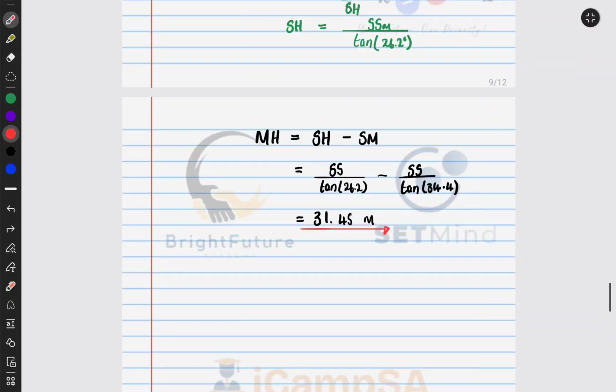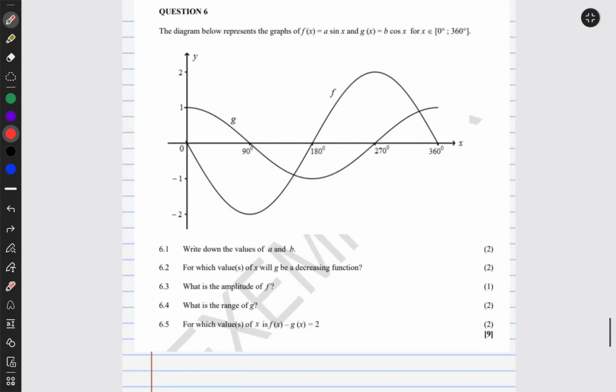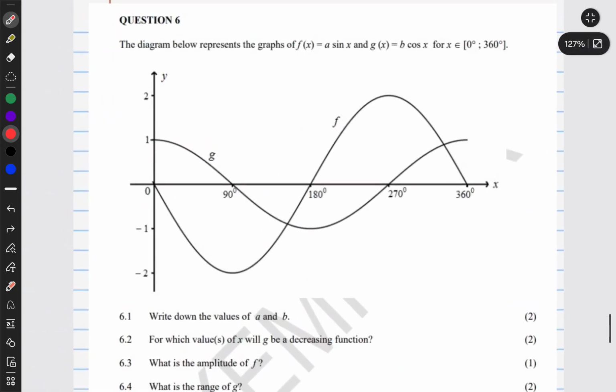Okay, let's go to question 6. For question 6, we are now dealing with trigonometric functions. The diagram below represents the graphs of f(x) equals a sin x, which from the shape we can see is this graph of f, it is also mentioned there, and g(x) equals b cos x, this is the graph of cosine, for x an element of 0 degrees to 360 degrees.